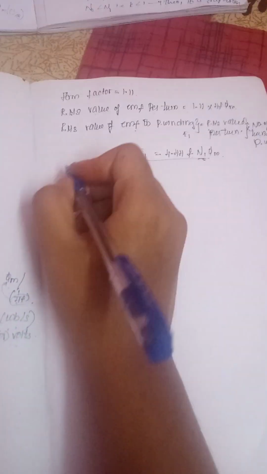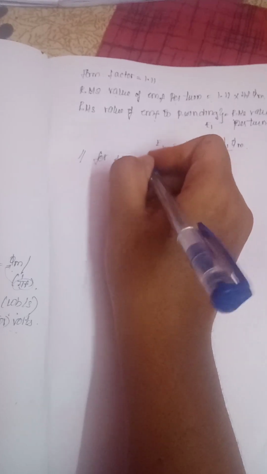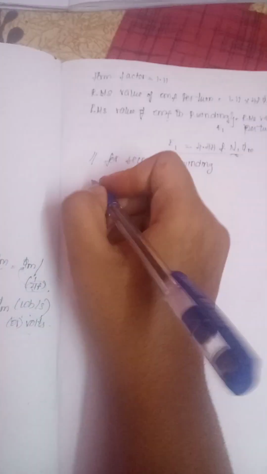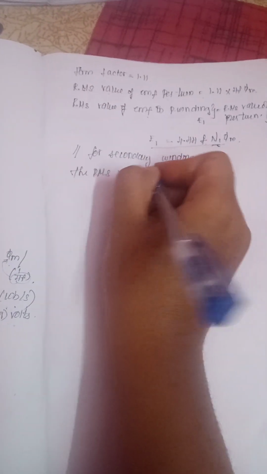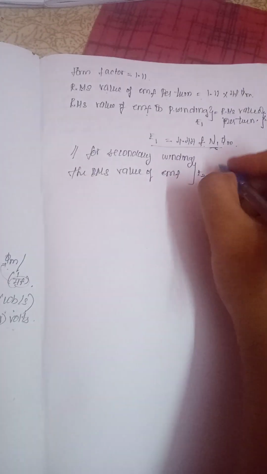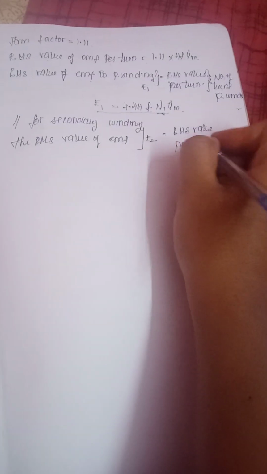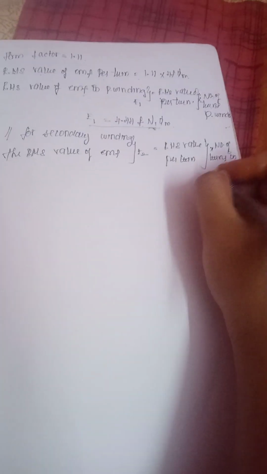For the secondary winding, similarly, the RMS value of EMF, that is E2, is equal to the RMS value per turn into the number of turns in the secondary winding.